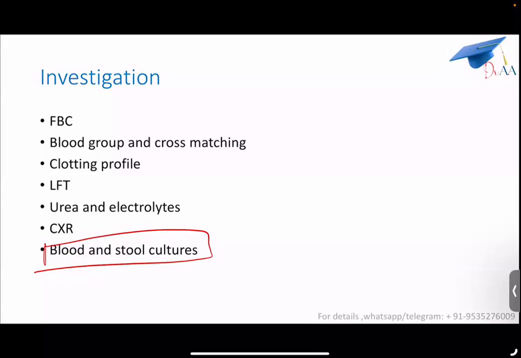Fresh blood from the rectum, you should always think of a lower GI bleed, unless it's melena. Melena is black colored stools. Most of the time, melena will be an upper GI bleed. If you're seeing black colored stools, always suspect first an upper GI bleed. Once you've ruled out upper GI bleed, then you can think of lower GI bleed.